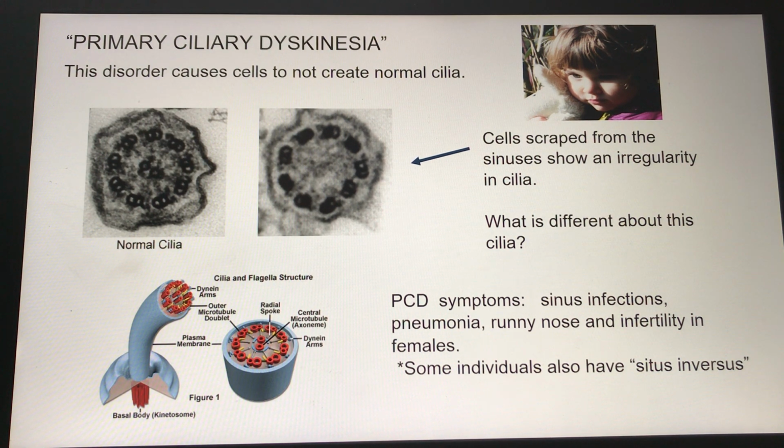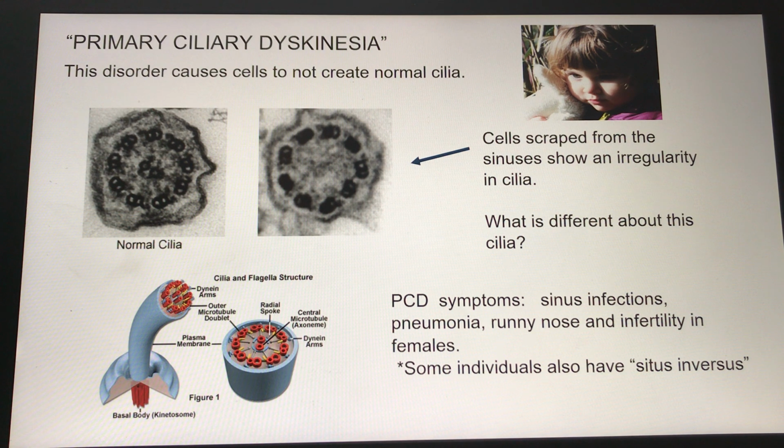Now, you may think, well, why should I know about cilia? Why should I know about flagella? Well, let me give you an example of why it's important to know about cilia. If cilia are not created normally, you can end up with a disorder, for example, primary ciliary dyskinesia.